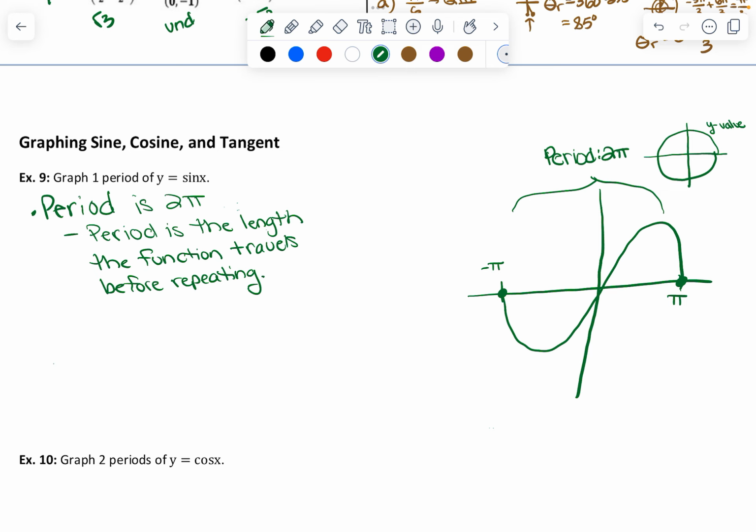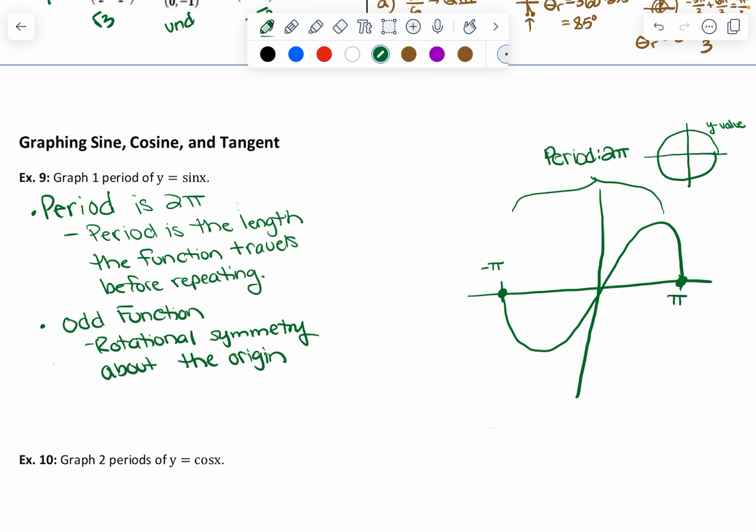The next question is, is it an odd or an even function? Well, sine is going to be an odd function because we can see that it has rotational symmetry about the origin.